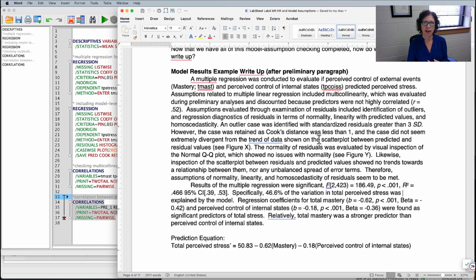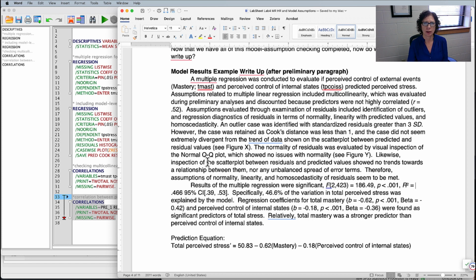When we look at the scatter plot between predicted and residual values, we see that there's not a whole lot of relationship there, and it was confirmed with our correlation test. We also looked at normality of residuals by looking at the normal QQ plot and also the histogram of the residuals.